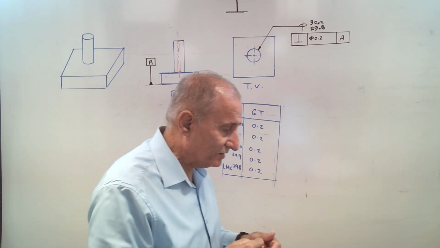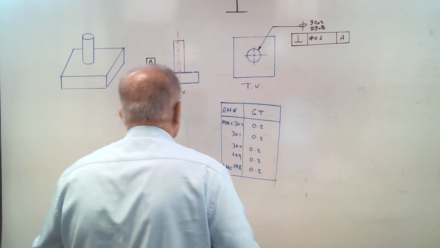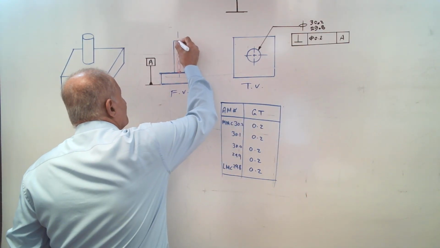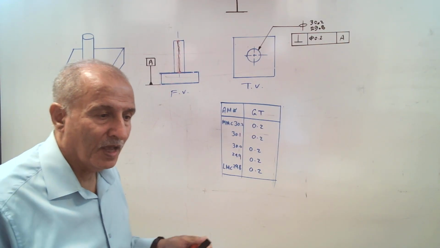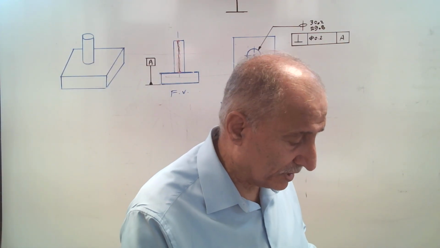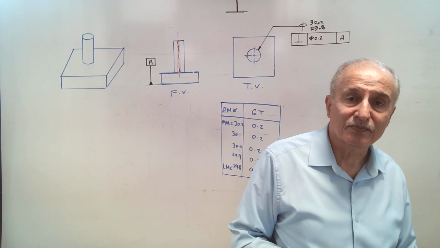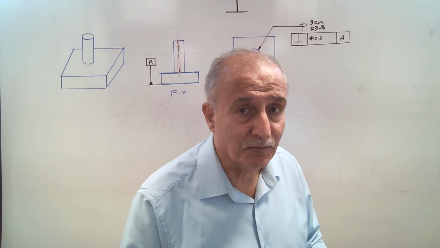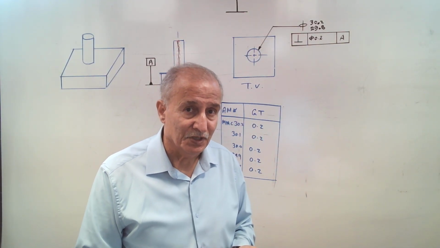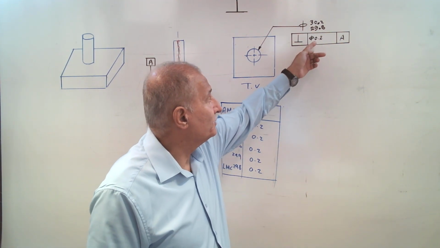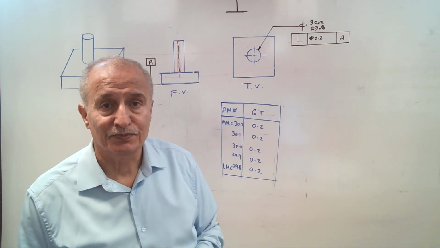then the part will be accepted. Maybe the axis is like that. As long as it is inside the narrow cylinder, it is acceptable. Then the zone shape here is cylindrical. Zone size here is fixed, 0.2.